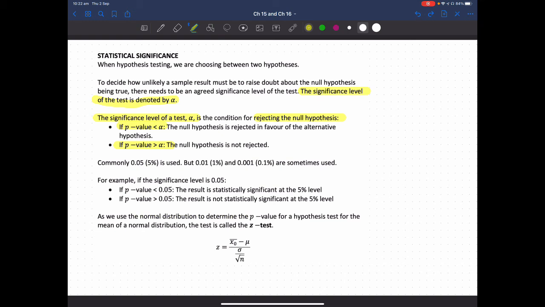As we use the normal distribution to determine the p-value for a hypothesis test, then the test is called the z-test, where we have the formula for z on screen.